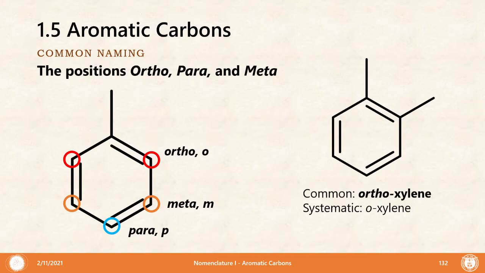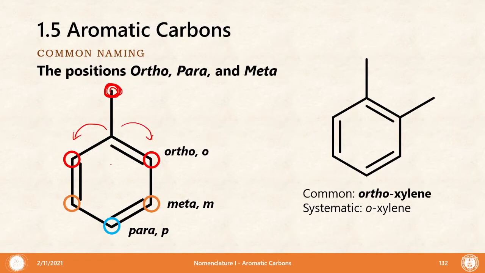O, m, and p come from the positions ortho, meta, and para. Okay, so ortho, meta, and para are indicators of location relative to a substituent. So for example, we have a methyl substituent here. If you want to refer to what is ortho to this substituent, you will look at the positions that are directly adjacent to it.